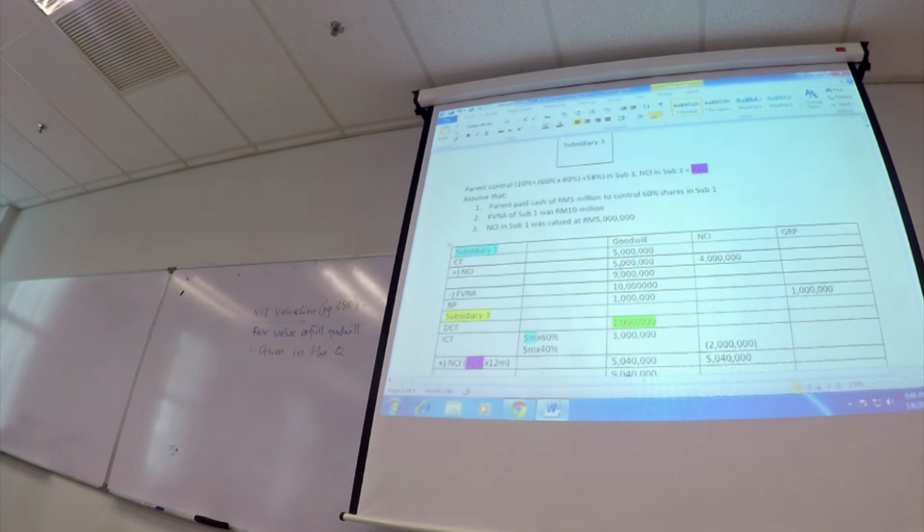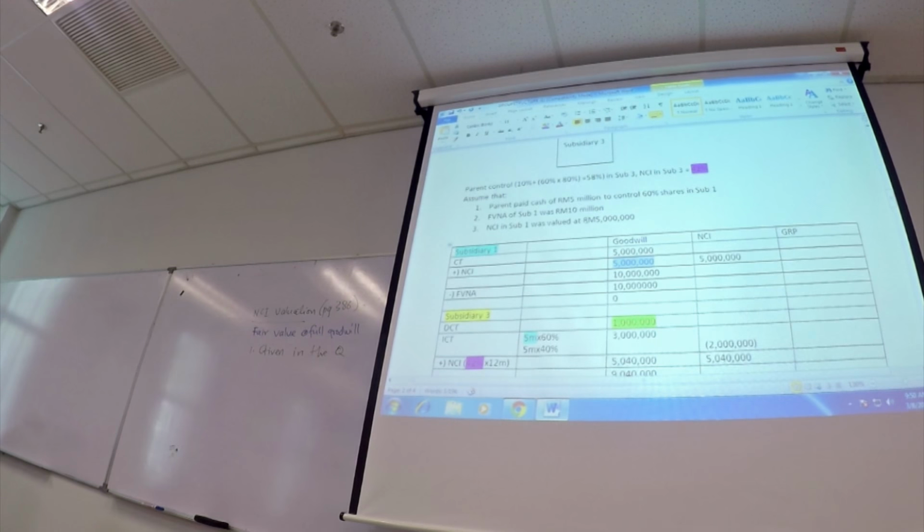NCI valued at 5 million. So NCI is here, this is the value of NCI, 5 million. Then you will get 10 million, and 0. There will be no bargain purchase, no goodwill. It will be 0. Understand? Replace the 40% with the value of NCI.